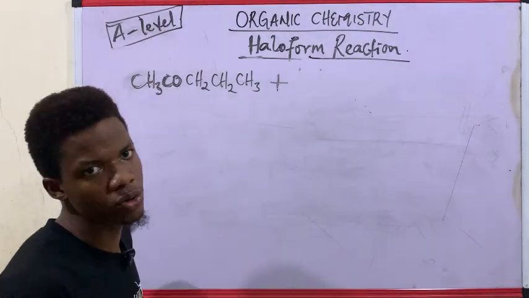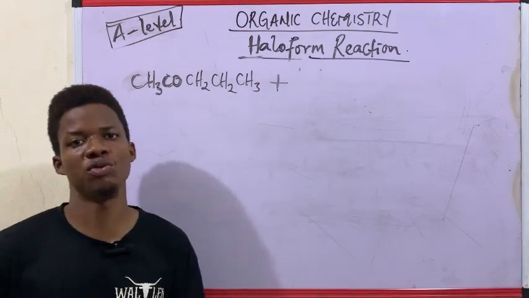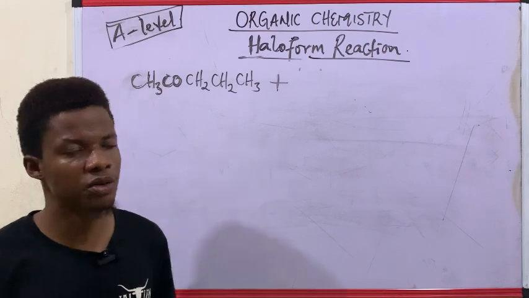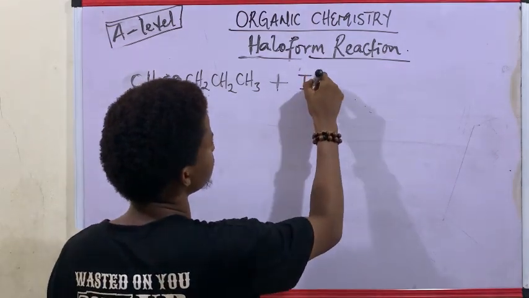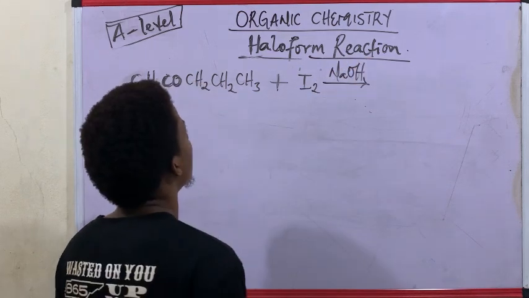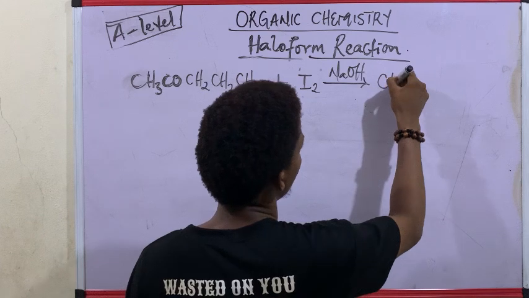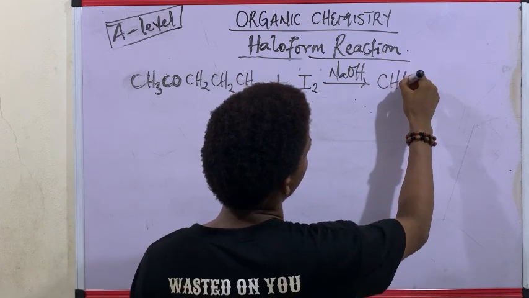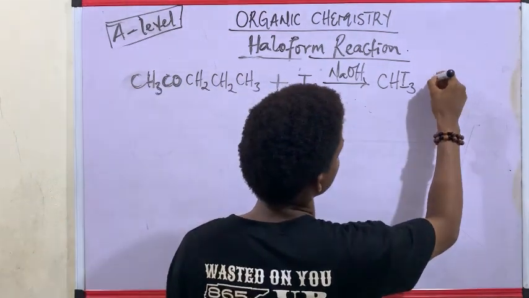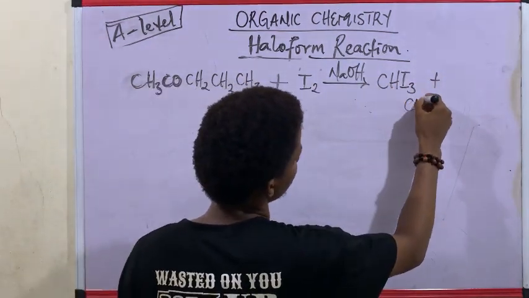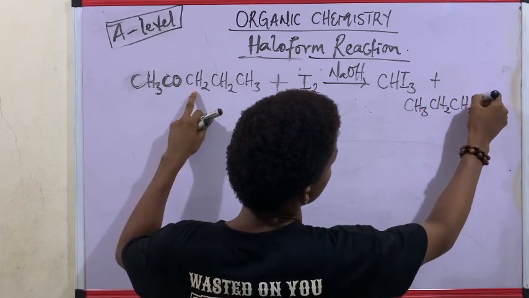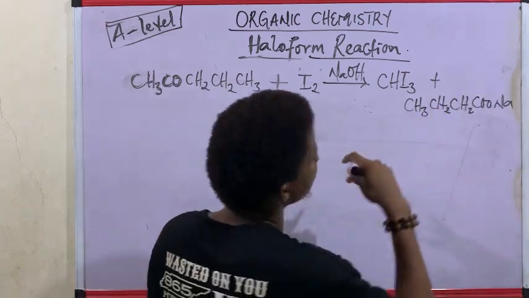So this will react with a halogen. In haloform reaction, you can use chlorine, bromine, or iodine, but the halogen that is commonly used is iodine. So I'm going to have iodine, and it will react in the presence of sodium hydroxide, and we are going to get iodoform, CHI3, plus CH3CH2CH2COONa, a salt.